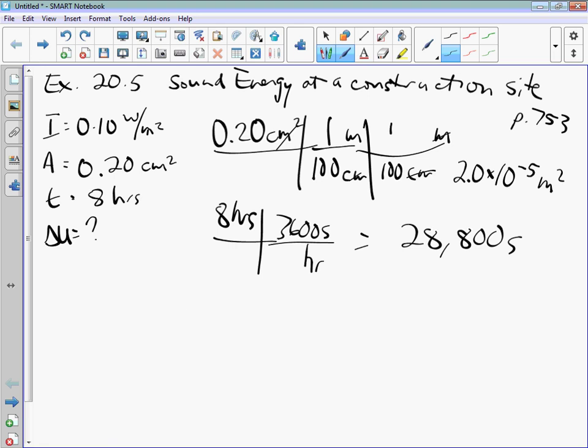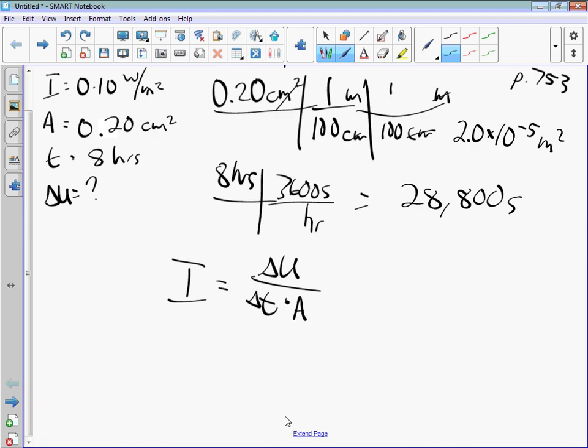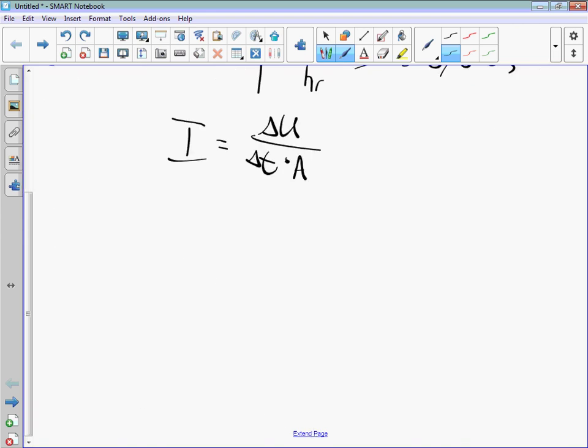Intensity is the change in energy, or the amount of energy, over the change in time, multiplied by the area. Since we are interested in finding energy, we should get energy by itself. To do that, I would multiply both sides by delta T and A. So I end up with delta T times A times intensity being equal to delta U, or total energy.